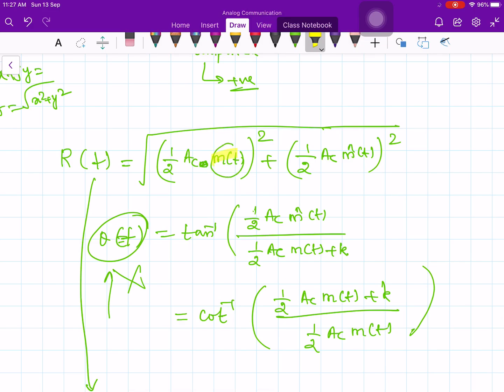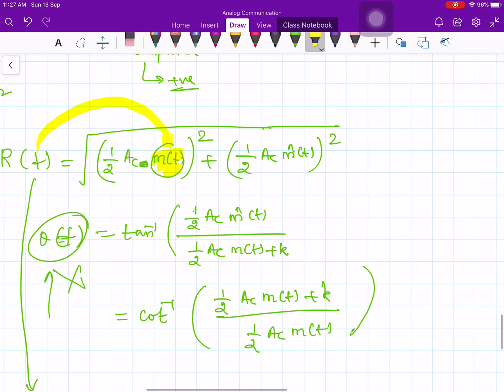So the question in front of us is: under what condition will R of t approximately follow m of t?